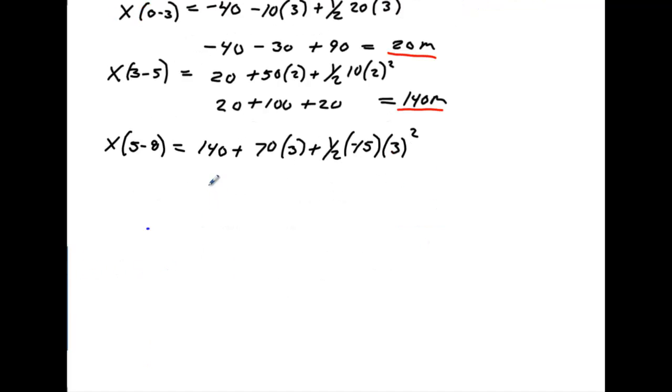Now we'll run that number. That gives me 140 plus 210. I need the calculator on that. That's 0.5 times negative 15 times 9, which gives me minus 67.5. We'll add 140 plus 210 minus 67.5. That gives us 282.5.